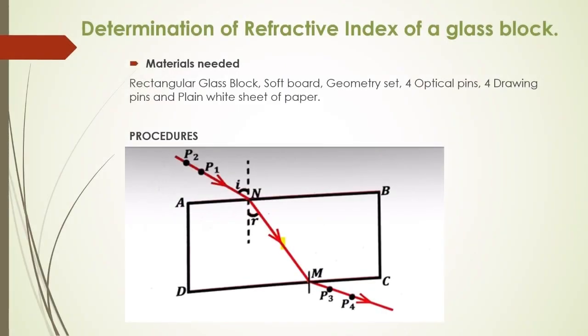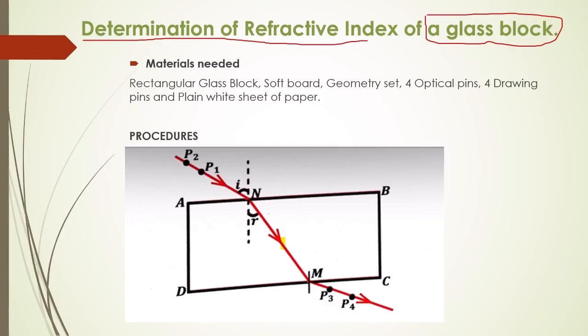Having already looked at the refractive index, where we said this is the ratio of the sine of the angle of incidence to the sine of the angle of refraction, now we want to look at how we can determine the refractive index of a glass block.